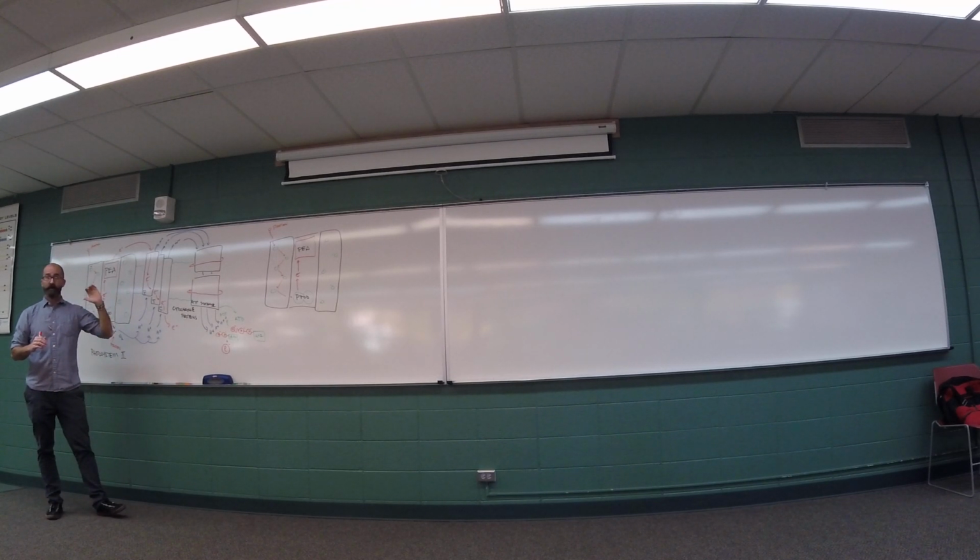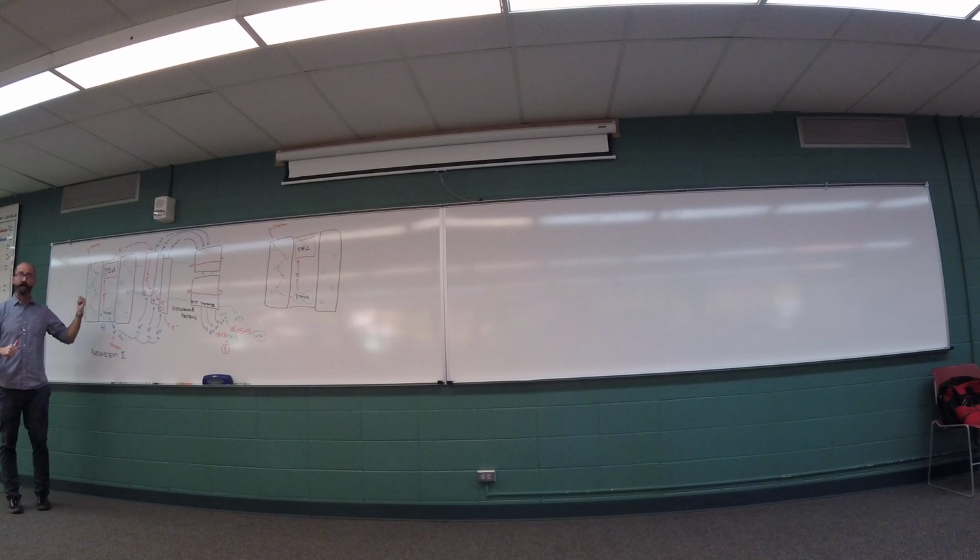P700 just got oxidized or reduced? Oxidized, exactly right. Now when P680 was oxidized, what reduced P680? The hydrogens from the water, right? They lost their electrons. But that's not what happens here with P700. It doesn't happen because there's already an electron floating around somewhere.